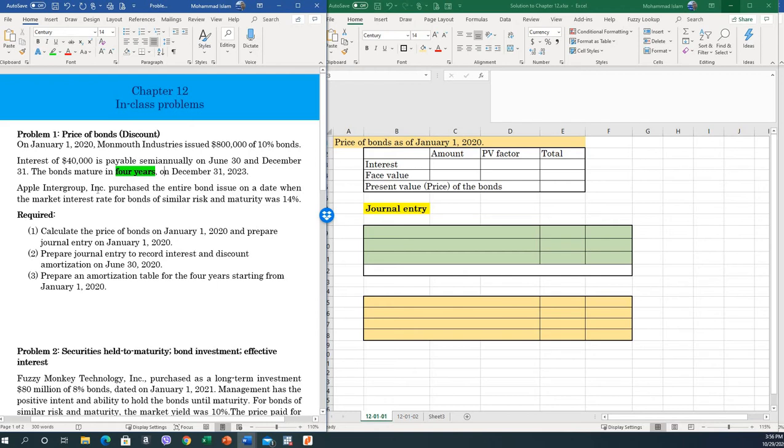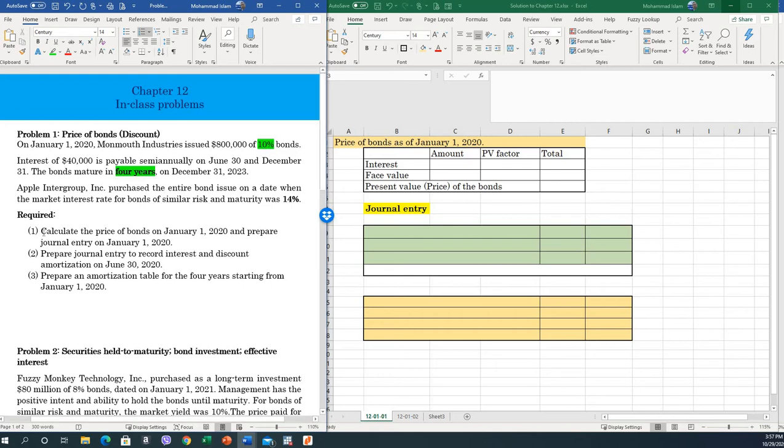So the Apple Intergrove Incorporation purchased the entire bond issue on a date when the market interest rate for the bonds of similar risk and maturity was 14%. See that we are paying only 10% and market is paying 14% interest rate. So that is why Monmouth Industries need to sell the bonds at discount.